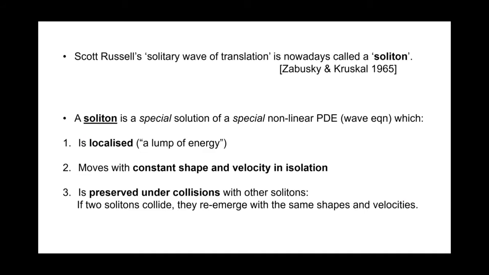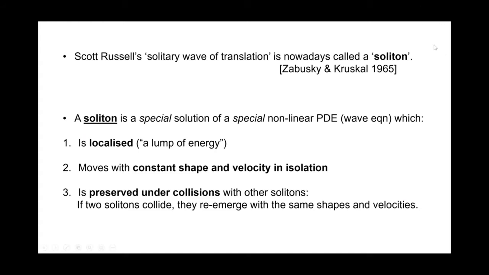So the first property is that a soliton has to be localized. Sometimes we'll say that it's a lump of energy or a lump of field. Property 1, that the soliton is localized, is the reason for the suffix "on" in the word soliton, because a soliton is a special type of solution of a wave equation which behaves very much like a particle in that it's localized in space.